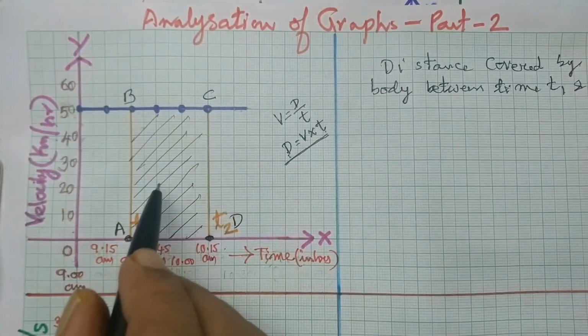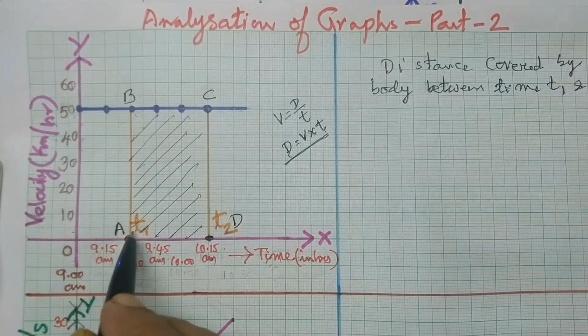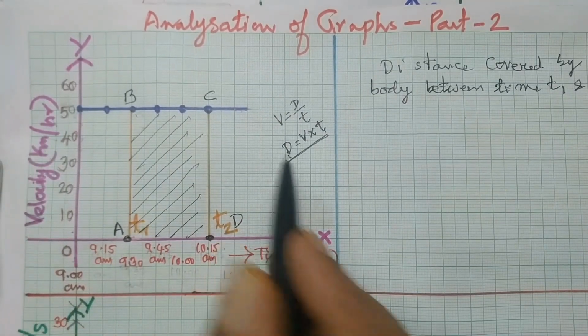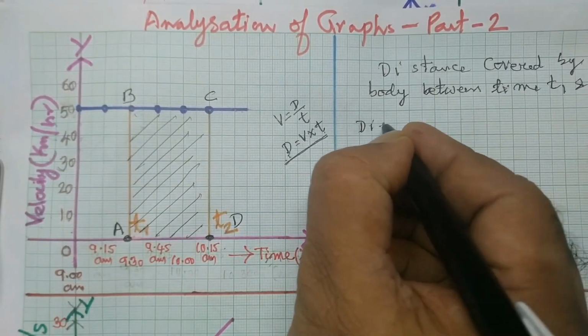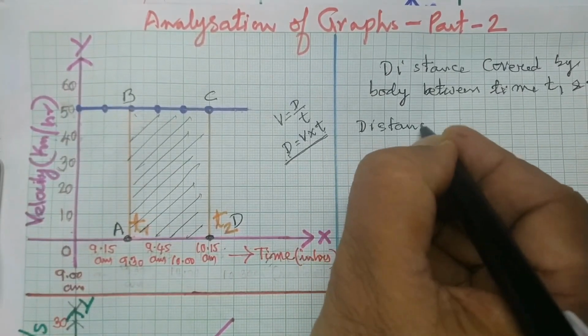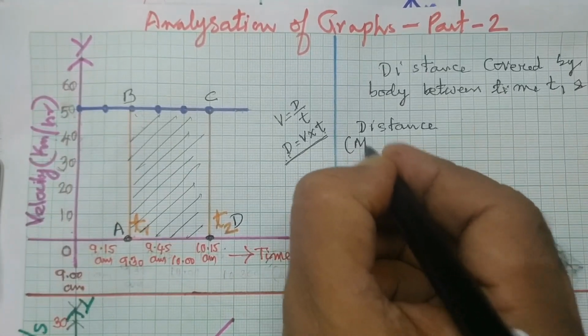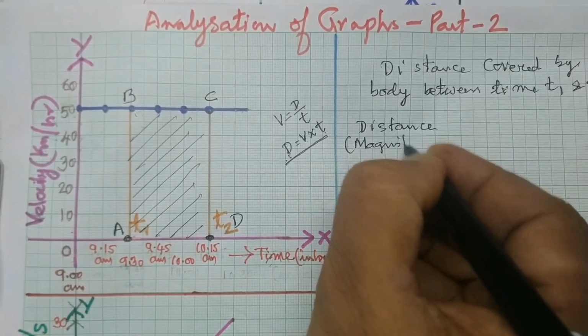If you calculate the area of this rectangle, then you will get the displacement. So, we will write it here, displacement or distance, whatever it is called. I call it distance, that is the magnitude of the displacement.